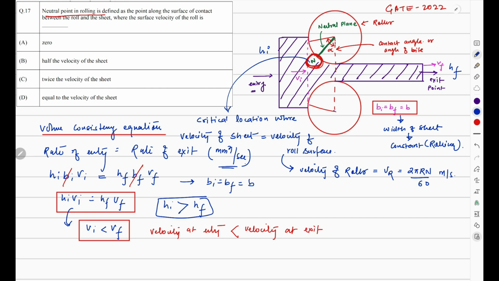We can see that as the material is entering into the roller, the friction on the strip has to be in the same direction. So the friction on the strip is in the forward direction when the sheet is entering for rolling.